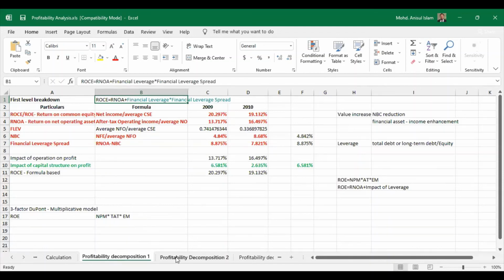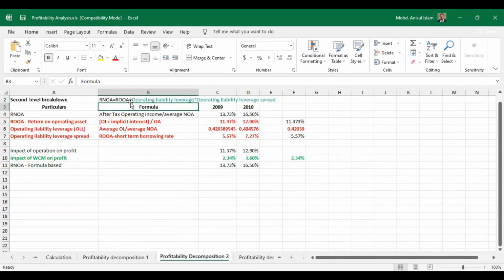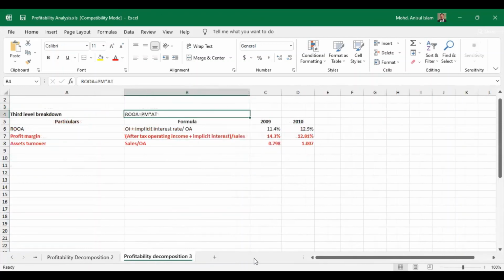And in the level 2 breakdown, this is also additive. But in level 3, we see these have a multiplicative relationship. So in this way, the level 3 breakdown is somewhat different from the level 1 and level 2 breakdown.